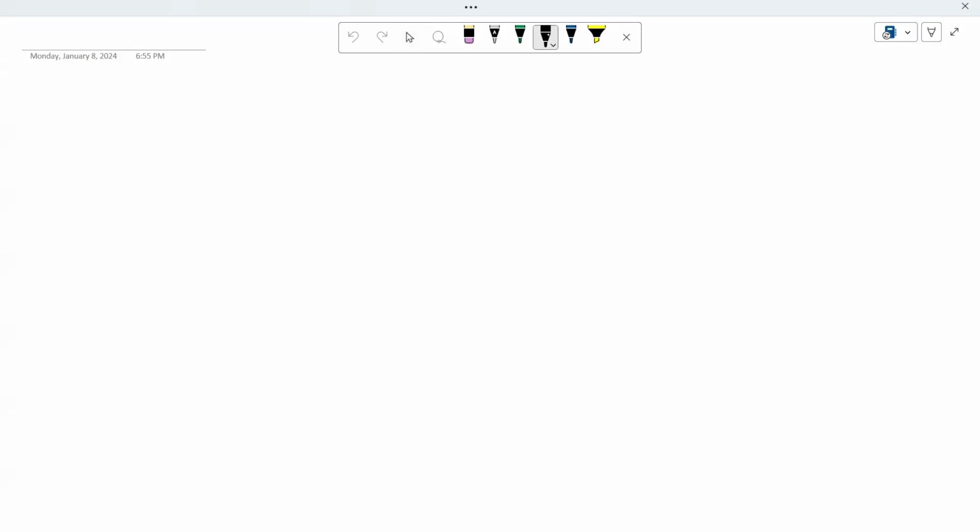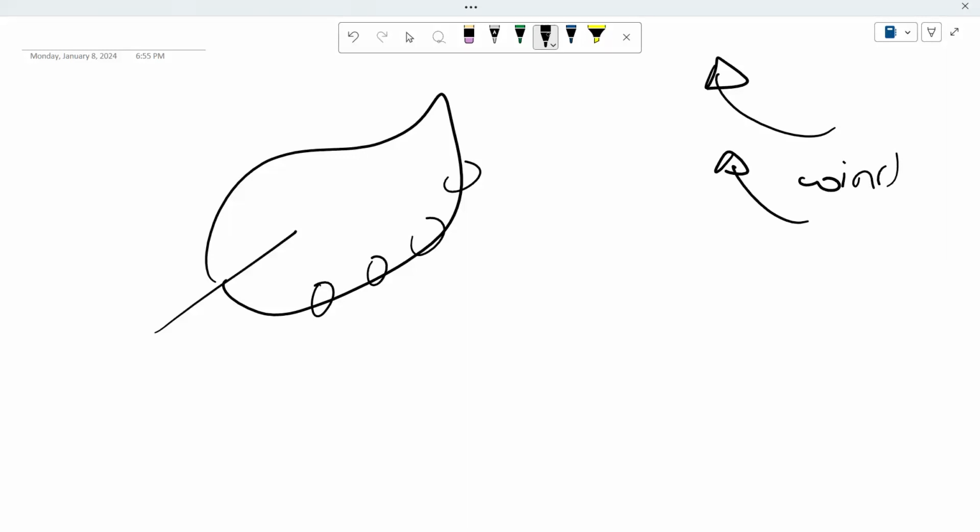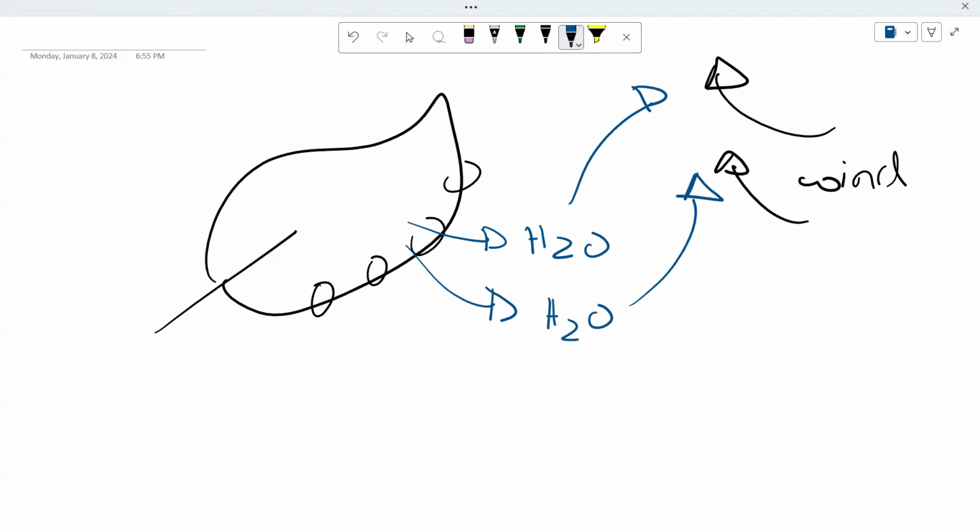If I have a leaf, and these are the stomata here, and it's a very windy day, I have so much wind. Every time water evaporates, it is carried away. This is going to increase transpiration.